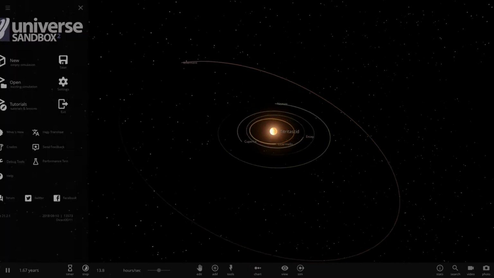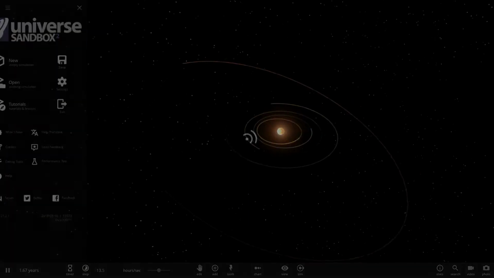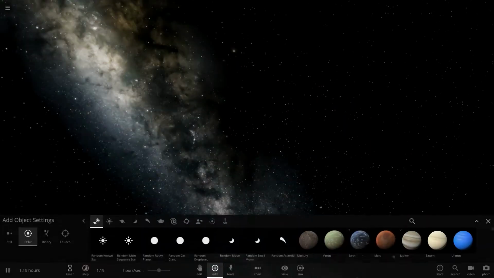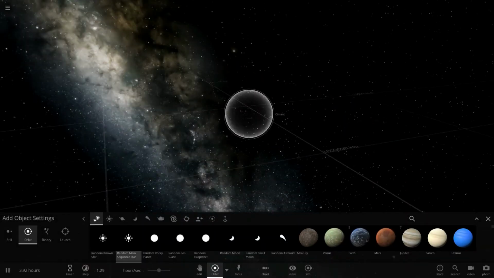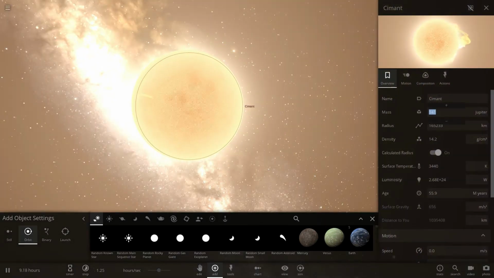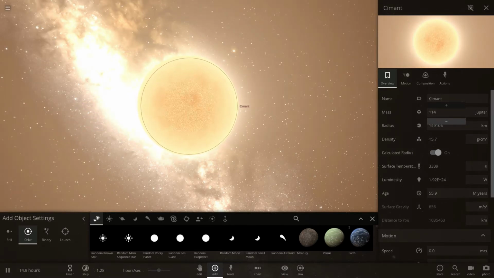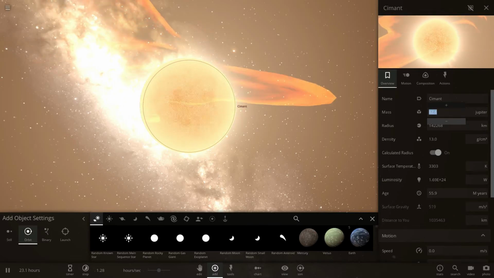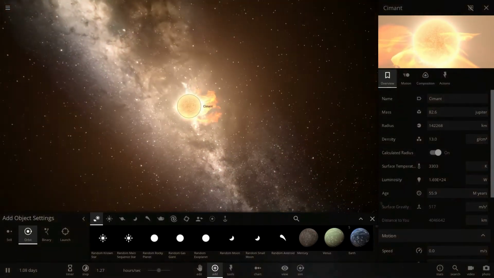So now we're going to move on to the next star, and that's going to be the coolest type of star, the M class. So we're going to make this like a really small M class star. And its temperature is decreasing by a fair amount, so we're going to pull it to around 82.6.